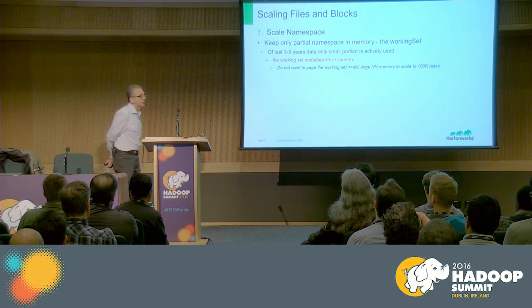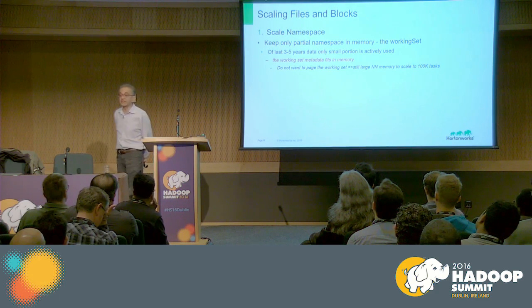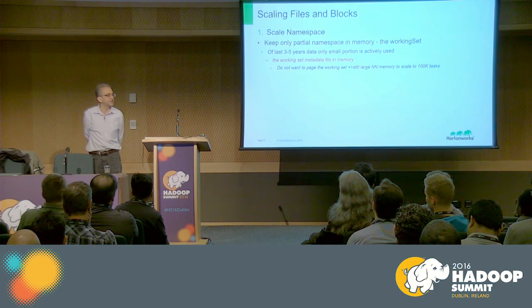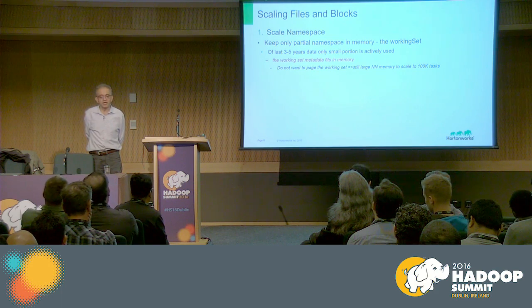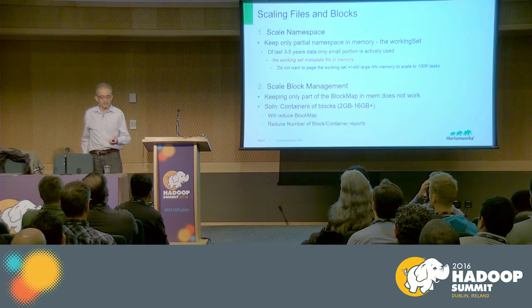But that doesn't mean you're going to go down to a 2 gig name node, okay? Because you really want your working set to fit in memory. And memory is cheap, so otherwise what will happen is you'll page. And if you page or swap your working set, then you will not be able to scale to hundreds and thousands of tasks bombarding it, okay? So that's the first part.